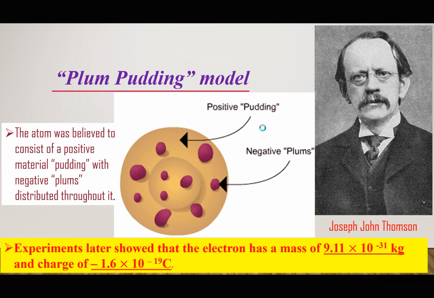Later experiments also showed that the charge of the negatively charged particles was approximately negative 1.6 times 10 to the power of minus 19 coulombs.